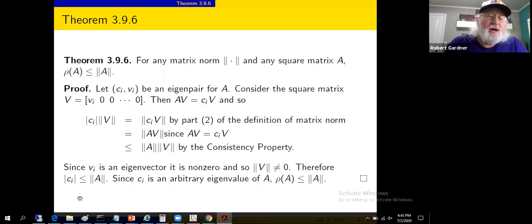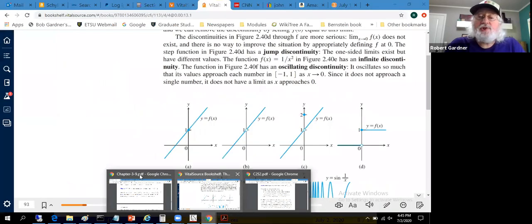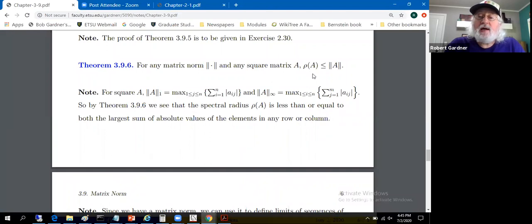Since the biggest modulus eigenvalue is less than or equal to the norm of A, then all the eigenvalues, which are contained in a circle in the complex plane of radius rho of A, satisfy rho of A is less than or equal to the norm of A. So it gives us a relationship between, oddly enough, eigenvalues and norms.